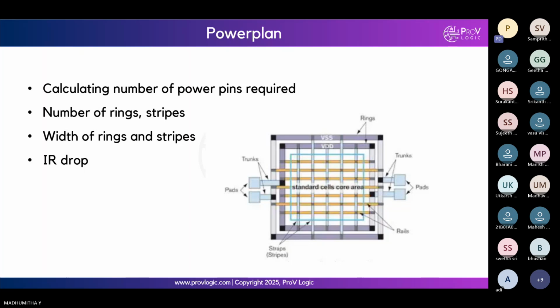That is one other method of reducing the IR drop. Changing the power architecture means increasing the number of rings or increasing the width of the rings and stripes. That is called changing the power architecture. Like that, we can reduce the IR drop.